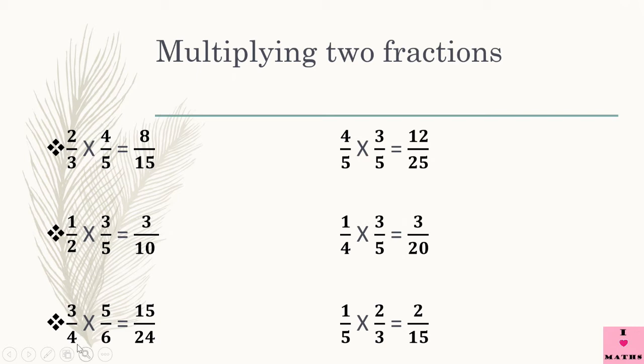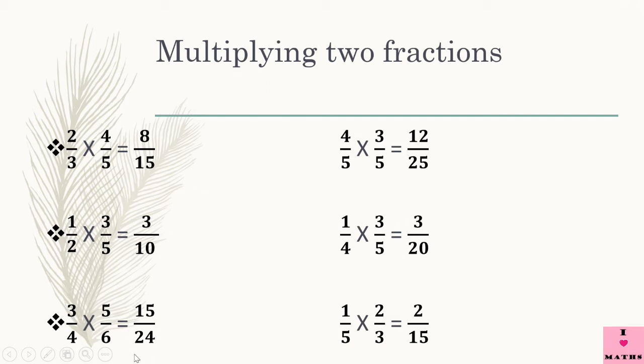3 upon 4 multiplied by 5 upon 6 is equal to 3 fives are 15 and 4 sixes are 24. But children, 15 upon 24 is not in the lowest form.